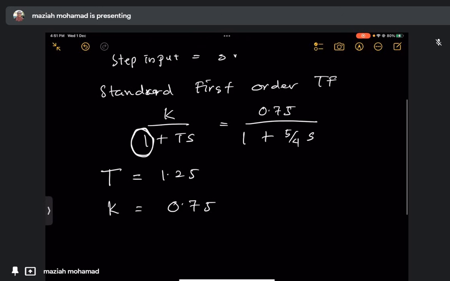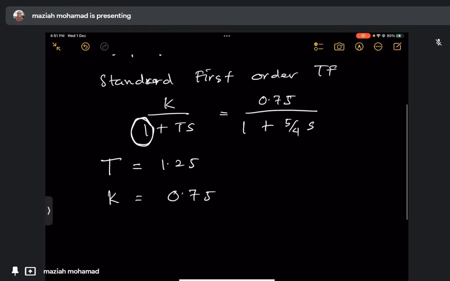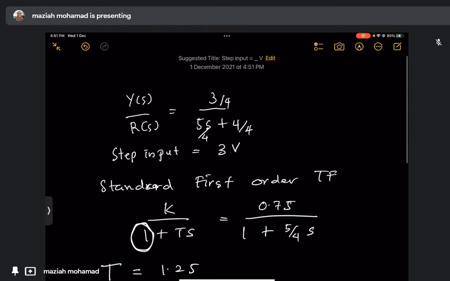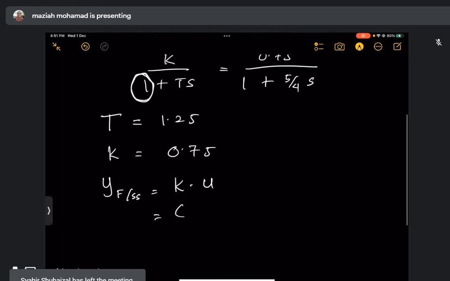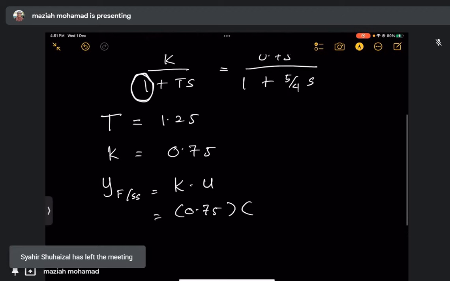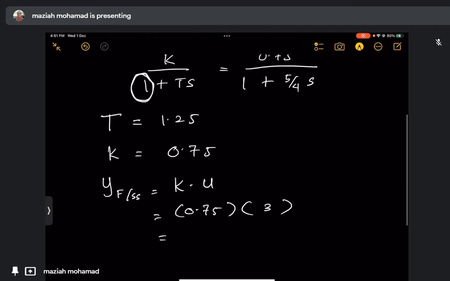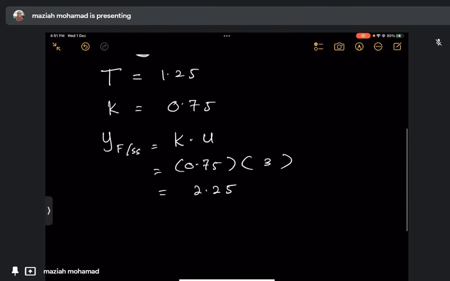Then we can calculate Y final or Y steady state, which is equal to K multiplied with U. U is 3 and K is 0.75, so 0.75 multiplied with 3 is 2.25.